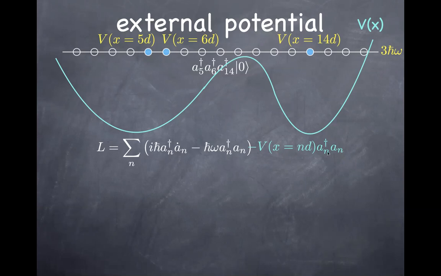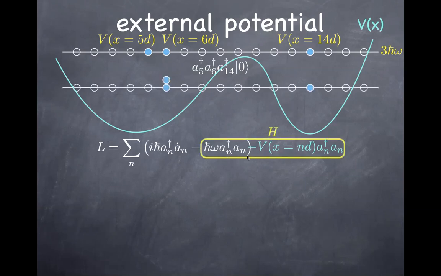But at any of the other positions, a dagger a vanishes, because you haven't created a particle there. A dagger a acting on the vacuum state gives you 0. That's a number eigenstate. So just by modifying the Hamiltonian to add this term, you can successfully describe the situation where particles move inside the potential energy. So that's the new Hamiltonian now.